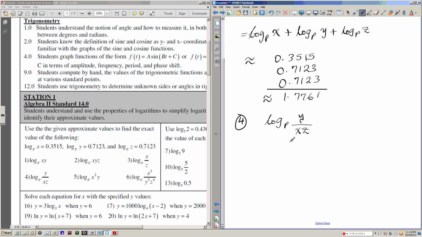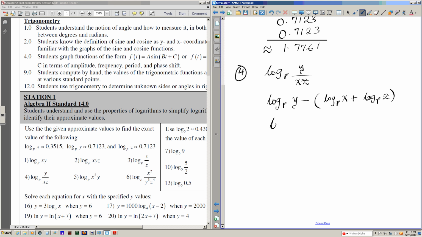To break this down, this is simply going to become log base p of y minus, in parentheses, since this is a product on the bottom, log base p of x plus log base p of z. Since this minus affects both terms in the denominator, you have to distribute it to both of them. So you're going to have log base p of y minus log base p of x minus log base p of z. Remember, you always subtract the terms in the denominator.